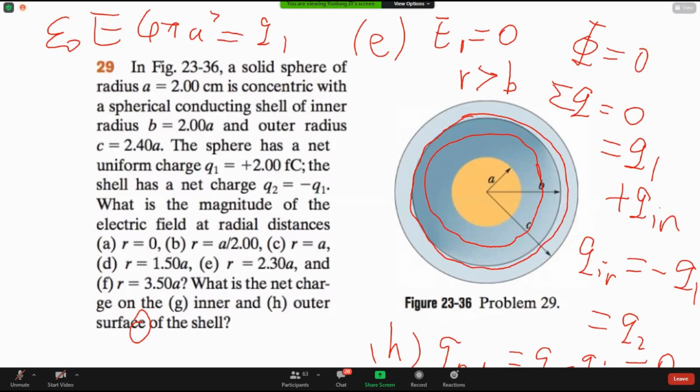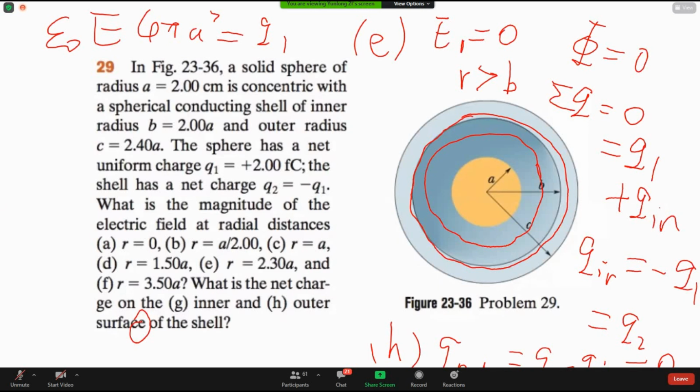The question is whether the negative charge accumulates at the inner surface of the shell. Yes, the negative charge is truly accumulated on the inner surface of the shell.